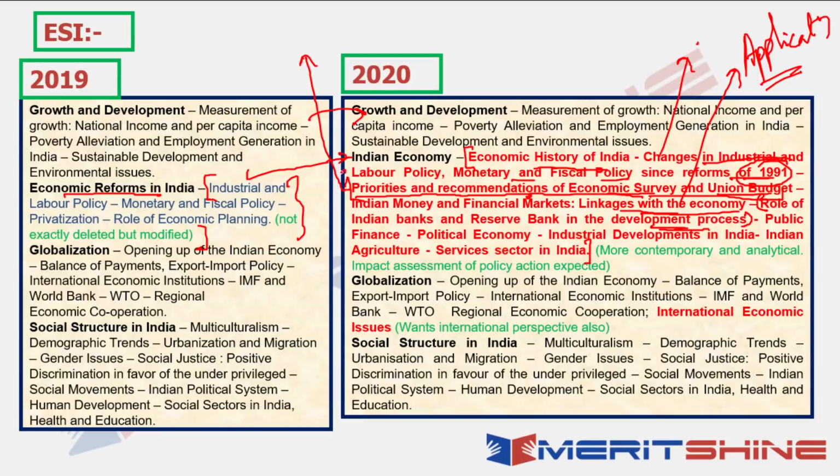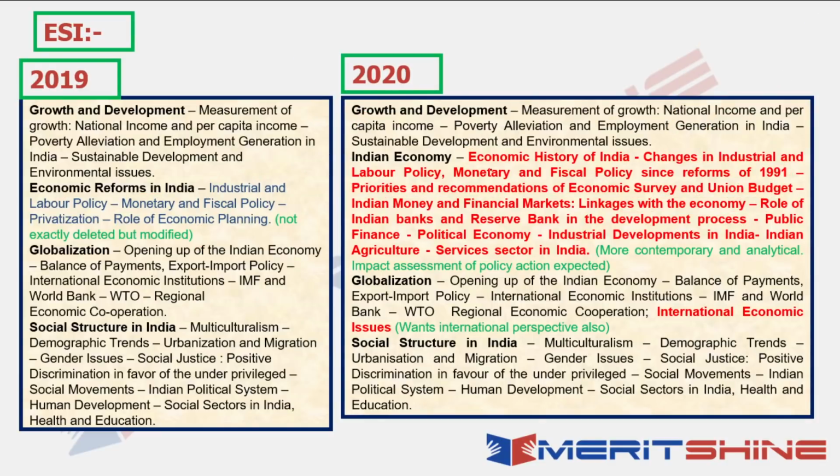Now this is the area, if you ask me, in economics, from the perspective of the syllabus change, that is more new: public finance and political economy. Now public finance and political economy you used to touch, for example, public finance, the impact of GST on the economy. So you used to touch it, but now you need to go into much more detail.